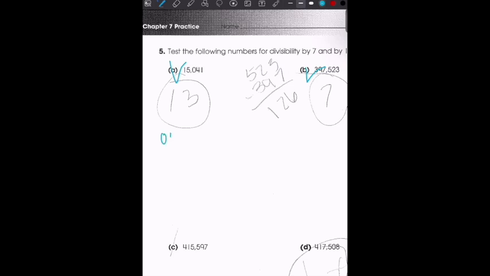So the last three is going to be 041, which is 41, and the preceding number is 15. So the difference between 41 and 15 is going to be 26. Now 26 is not divisible by 7, but it is divisible by 13 because 26 divided by 13 is 2.